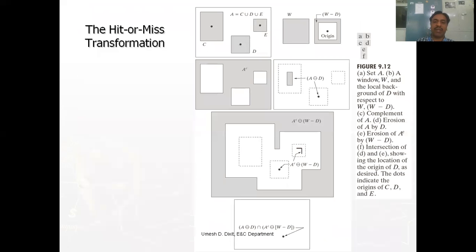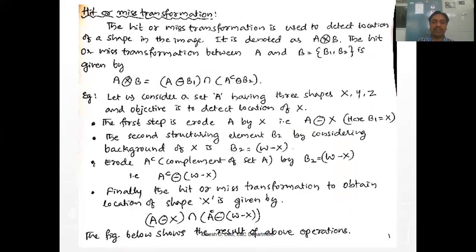Here we have the example. Assume that this is the set A, which has three different shapes, say X, Y, and Z. The objective is to detect the location of one of the objects.